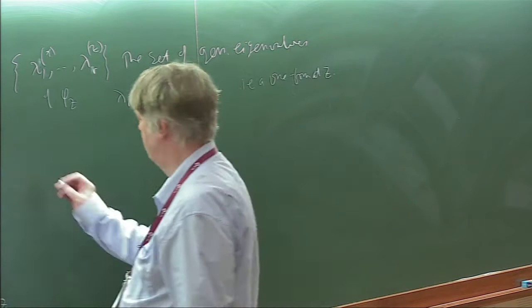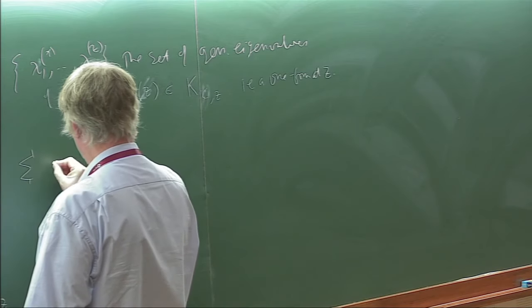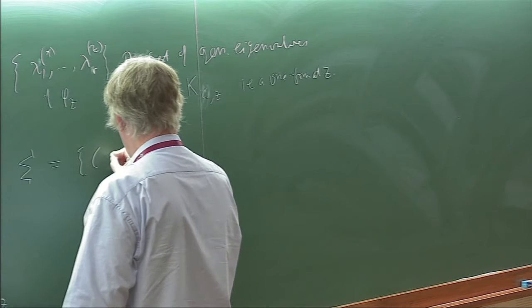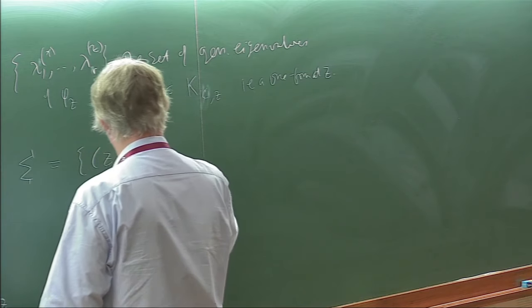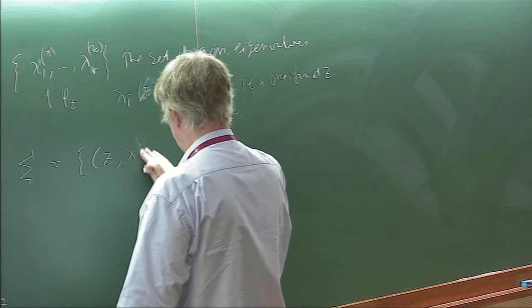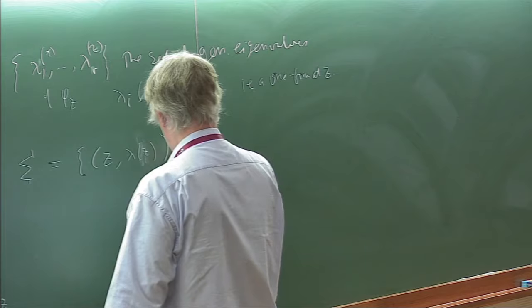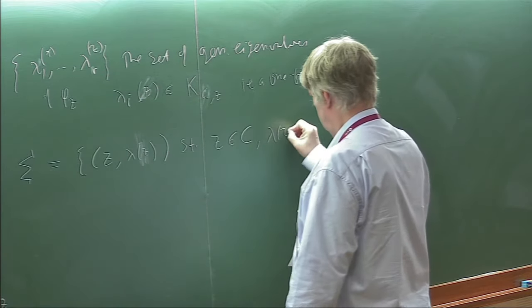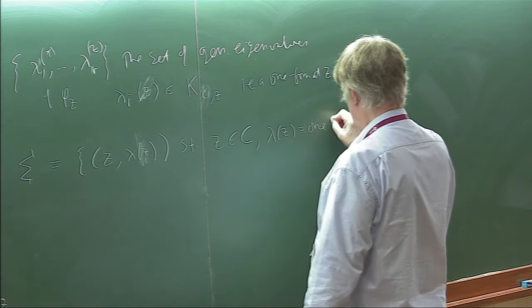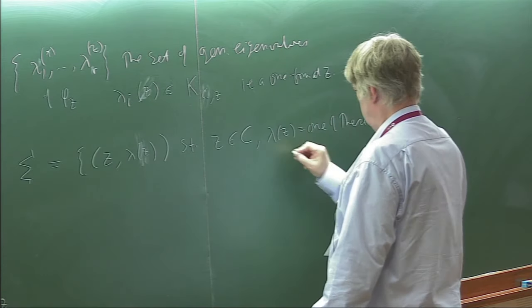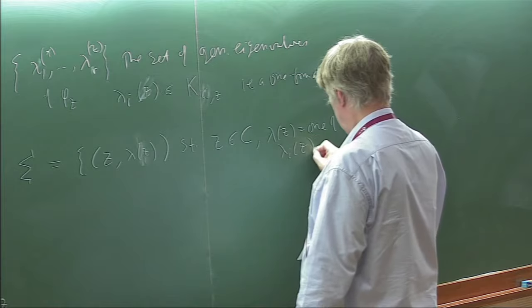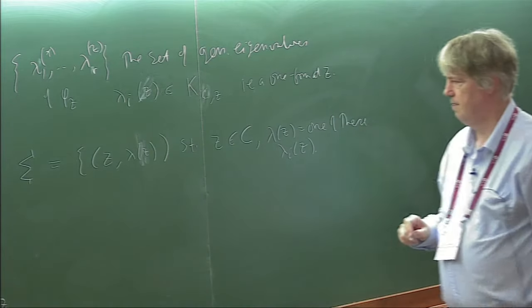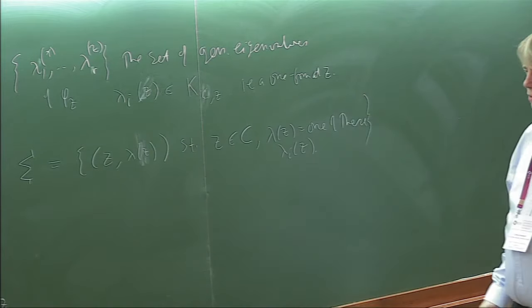And then what's sigma? Sigma is just the union of all this stuff. So it's the set of all points of the form (z, lambda(z)).